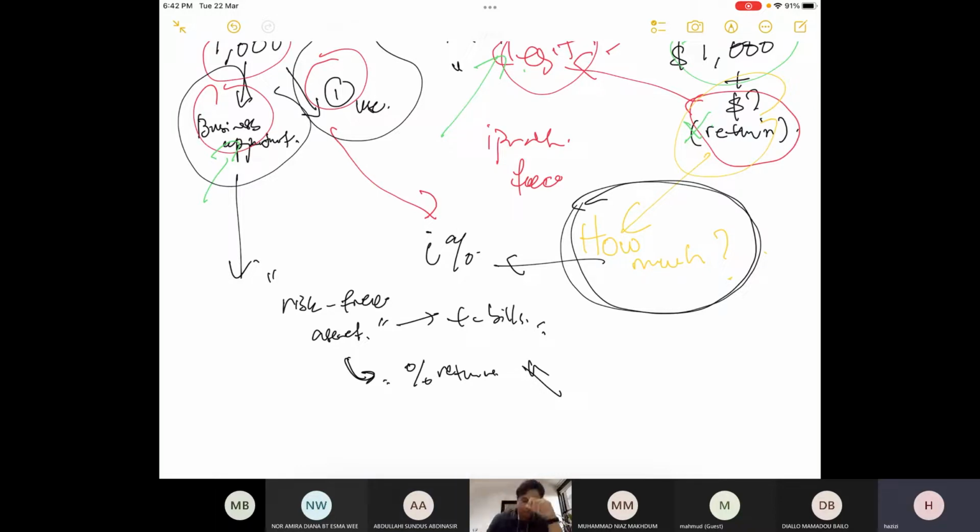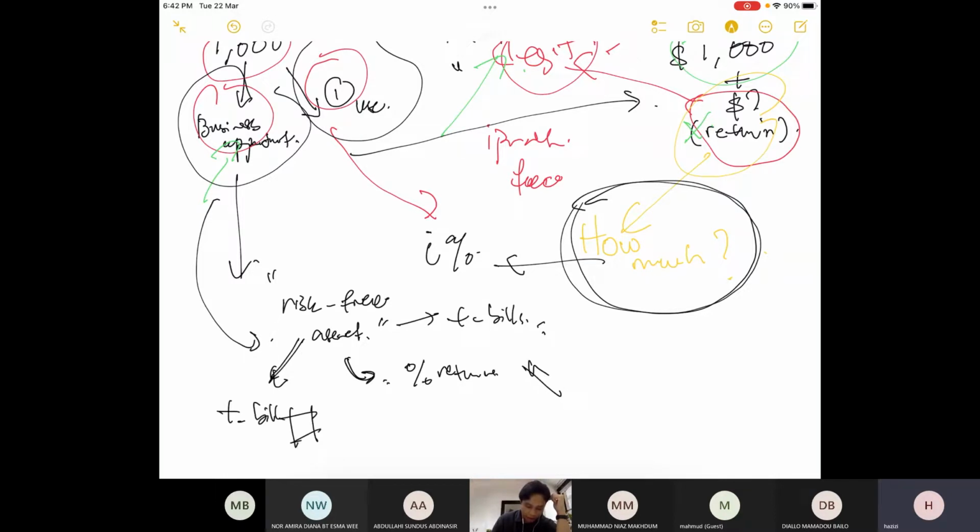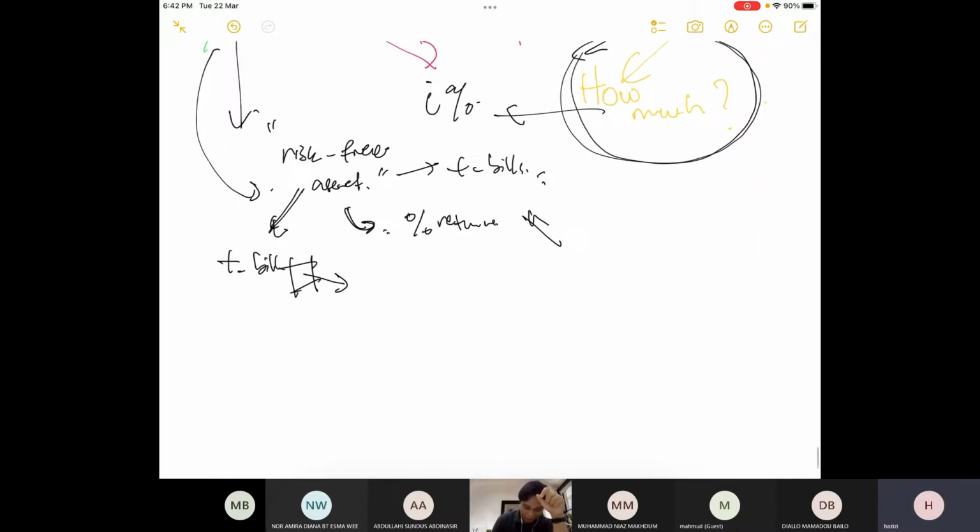If I don't give this 1,000 to this guy, I put my 1,000 in a risk-free asset. Usually, the risk-free asset is a short-term bond issued by the government. A bond is basically a certificate.